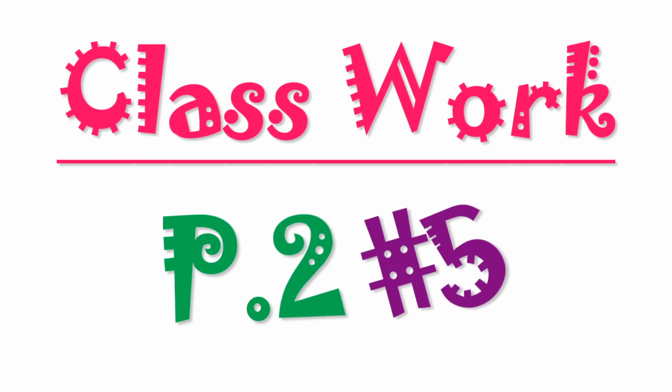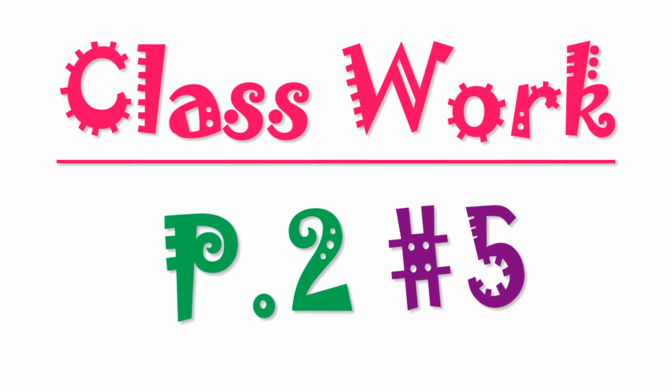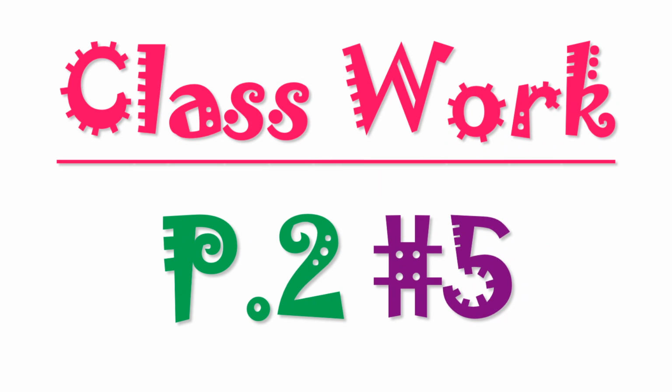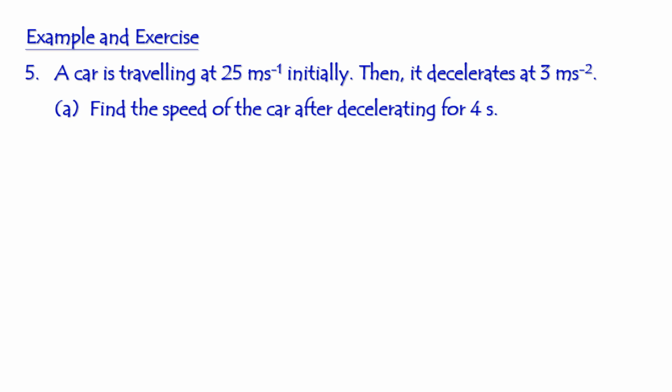And the last one, question 5. Okay, look at the question. The question tells us a car is traveling at 25 meters per second initially, so that should be the initial speed.